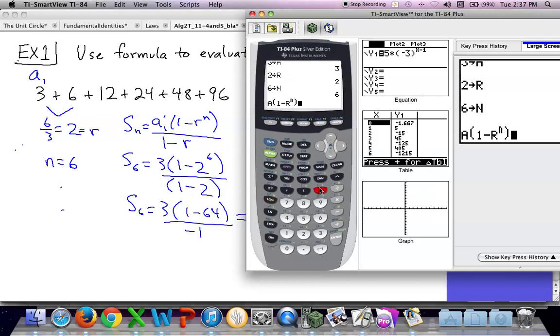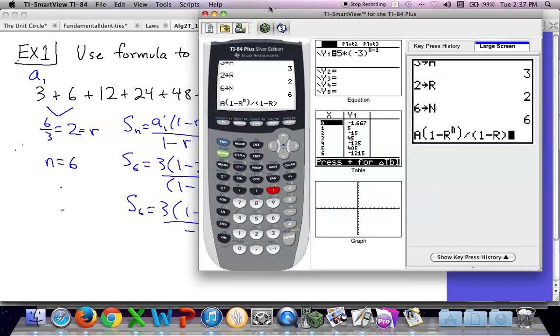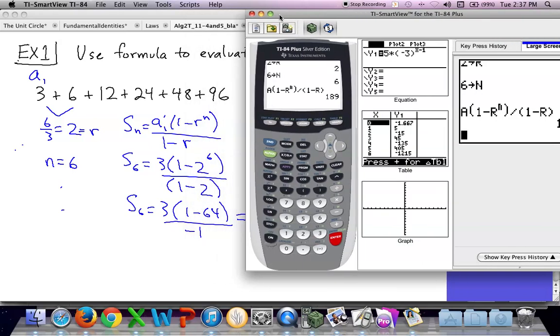Right parenthesis, divided by left parenthesis, 1 minus alpha R. Right, so see how I got that typed in? Parentheses where I need them. Calculator knows what everything equals. 189. So that is an option.